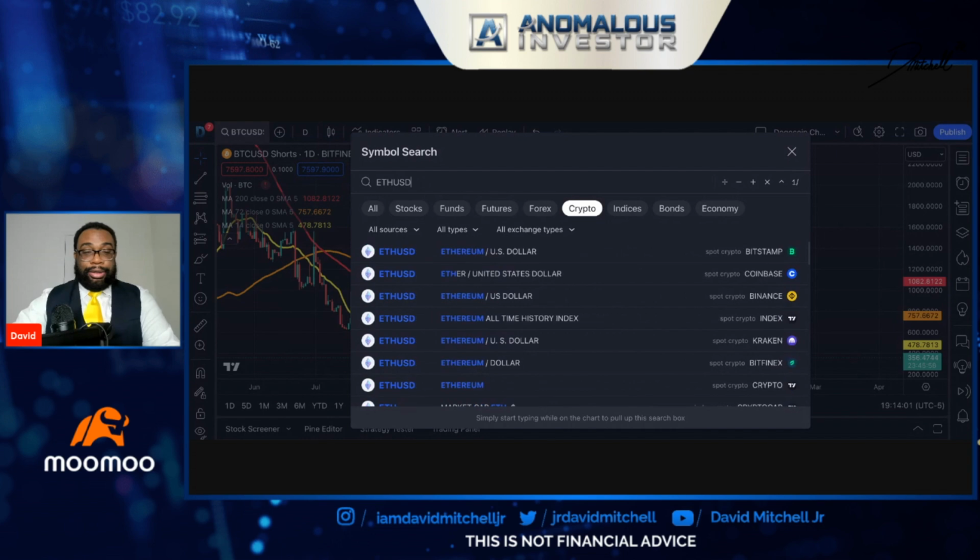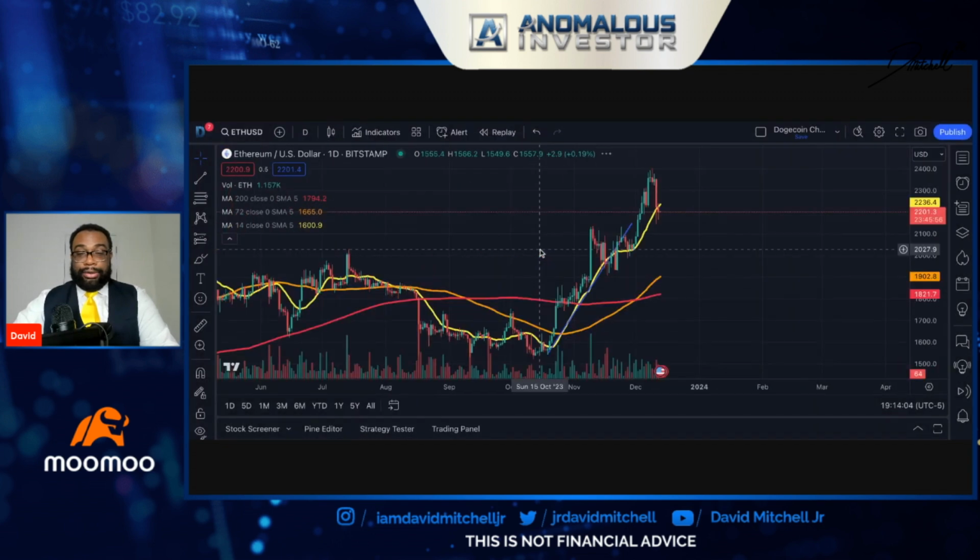Let's take a look here at Ethereum, see if there's any outliers. Yeah, same thing, really hugging on to the 14. We'll see, not much. The 14 really, but it bounced off of previous rejection levels at around 21.38. You have about 3 tests there, so not 4 tests really.